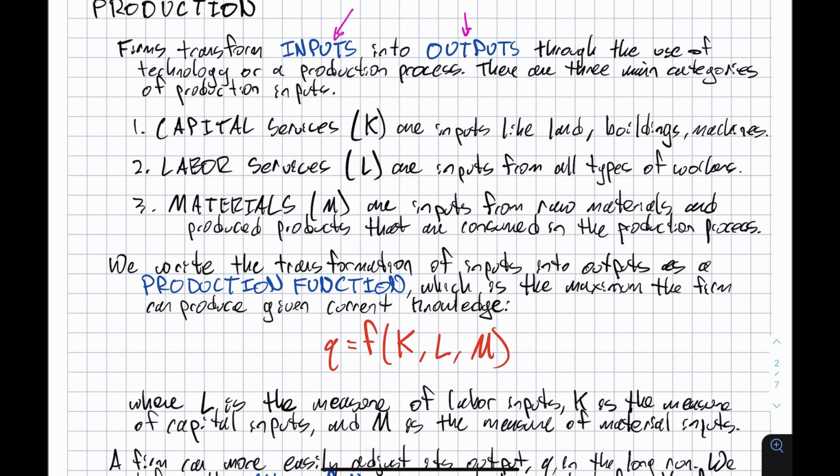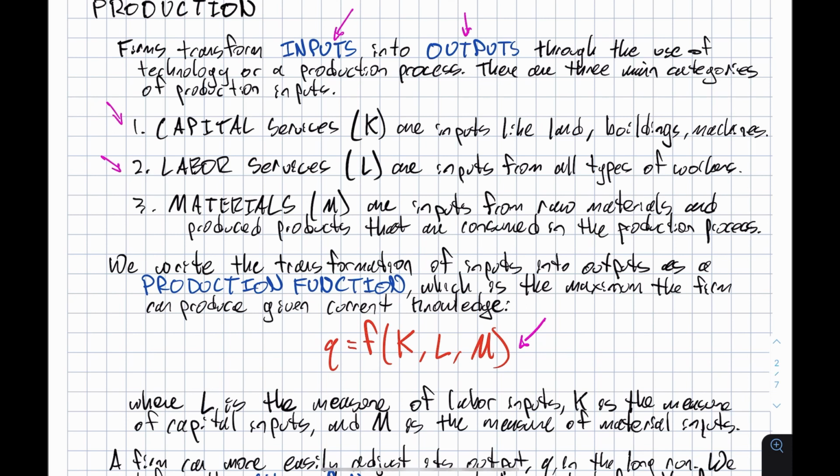So we're using technology and a production process, and we're going to stylize this into what we call a production function, which we often denote with a lowercase f. And there are three main categories of inputs. The first is capital services. These are things like land, buildings, machines, factory resources, anything that we can describe as capital.